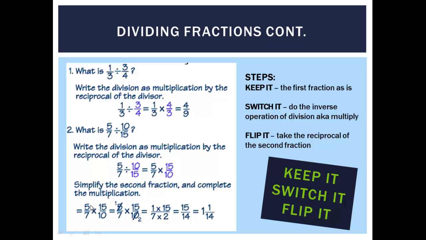So I can divide a 5 out of this and a 5 out of this, and when I do so, I get 1/7 times 15/2. Now, when I look here, 7 and 15 don't have anything in common, so I leave them alone. And so I'm going to go ahead and go 1 times 15 over 7 times 2. This becomes 15/14, or the same as 1 1/14. So remember, the switch it is inverse operation, and the flip it's the reciprocal.